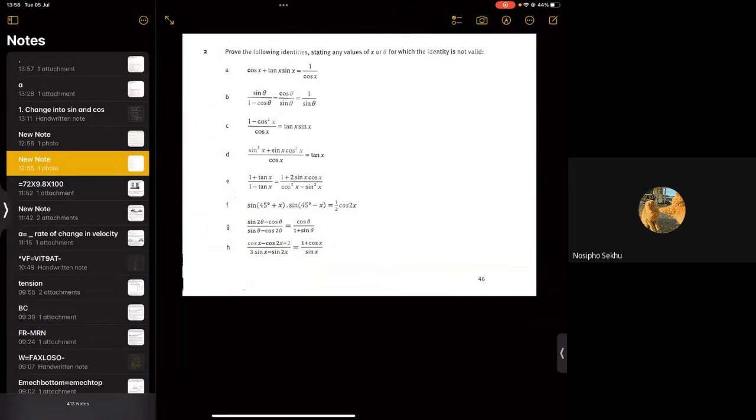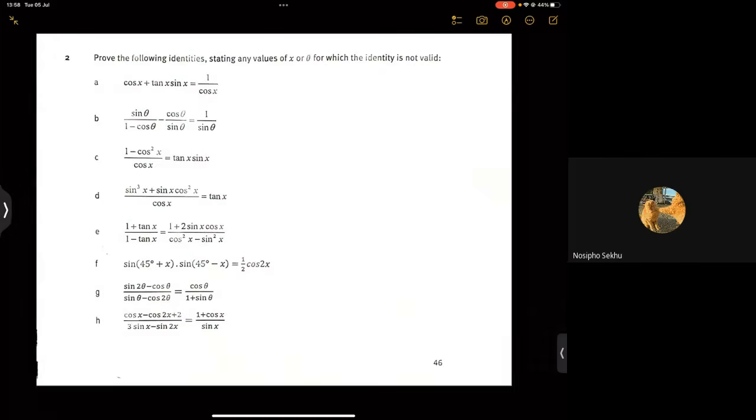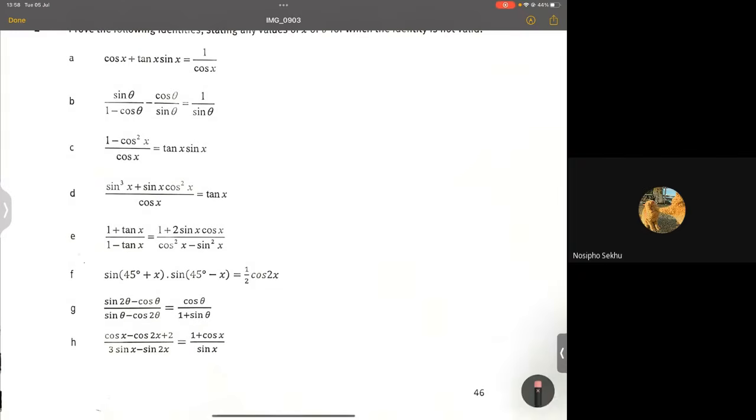So I want us to prove identities, but this time around we are going to add what we call double angle identities. I want to begin by taking you through double angle identities and also compound angle identities.